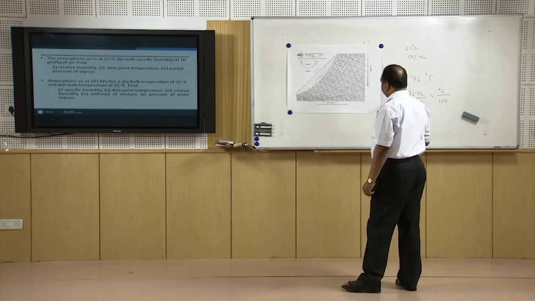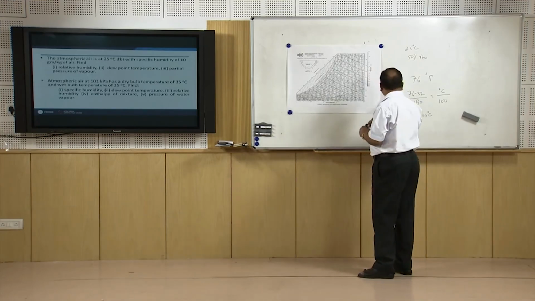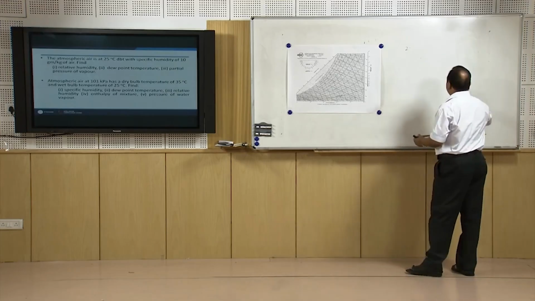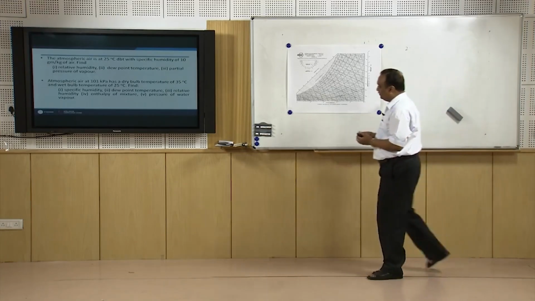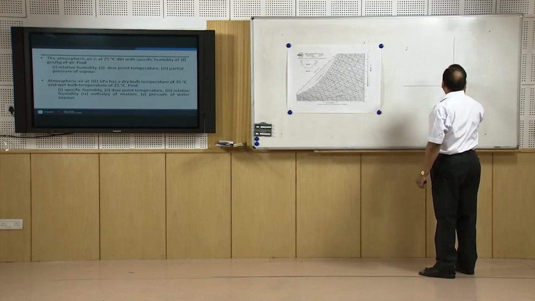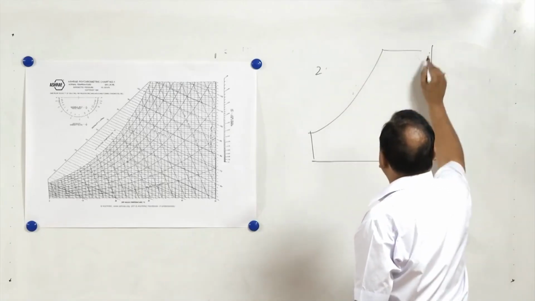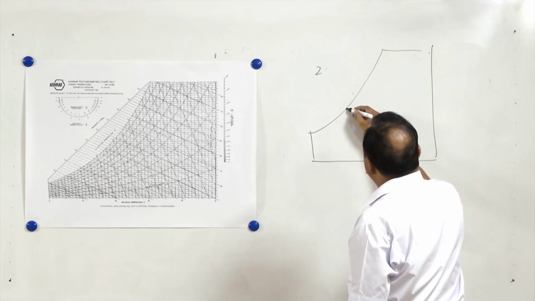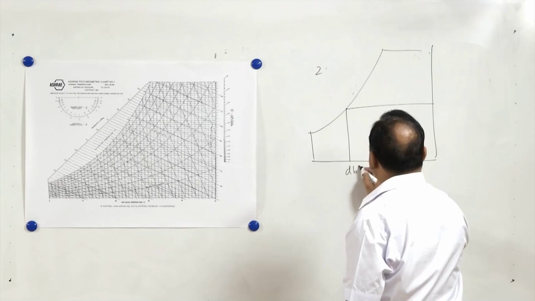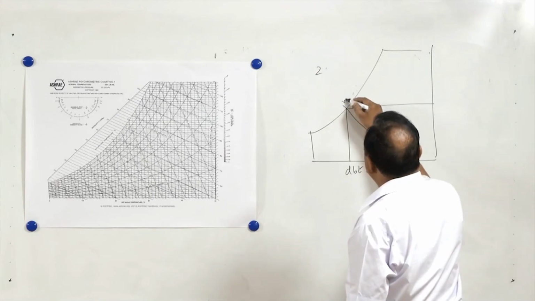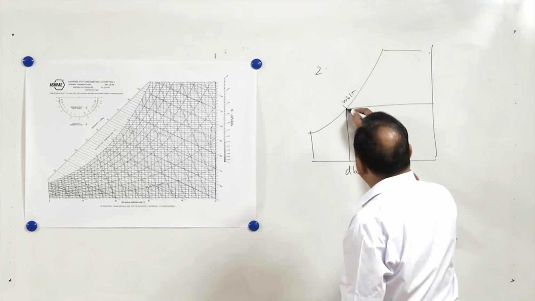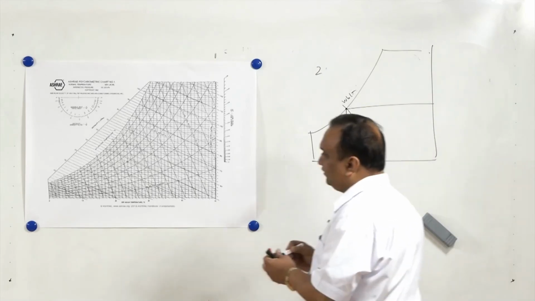Dew point temperature. Now dew point temperature is a temperature where dry bulb and wet bulb temperatures are the same. So if I want dew point temperature in a psychrometric chart, I will locate it on the saturation line. At the saturation line, the dry bulb temperature and wet bulb temperature are the same, and this is known as dew point temperature.